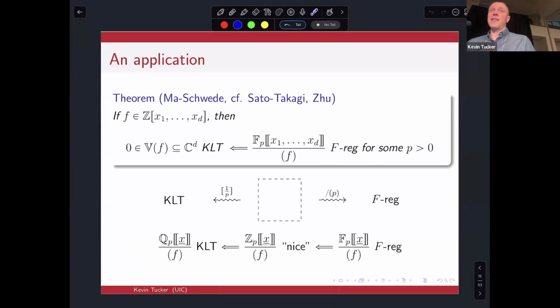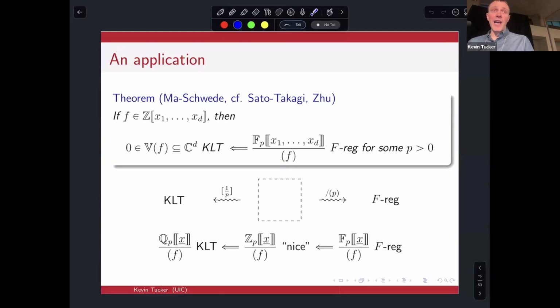That refines the information we have about KLT and F-regular via reduction mod P. Right, and what it says is that if you go mod P and you're F-regular for one P, then you can lift that up, and what you get is KLT in characteristic 0. All right, and this is a particularly useful criterion.